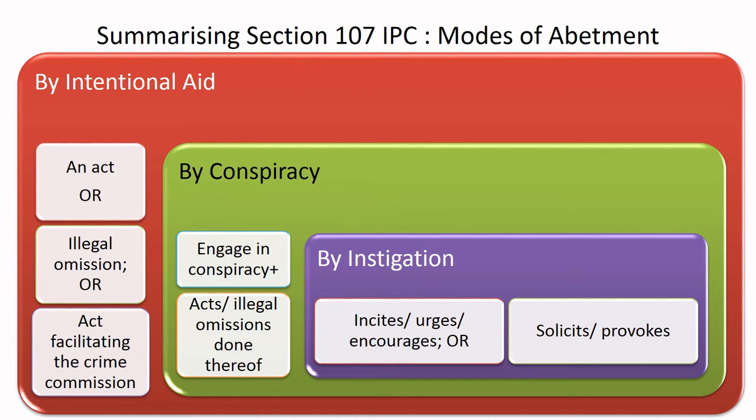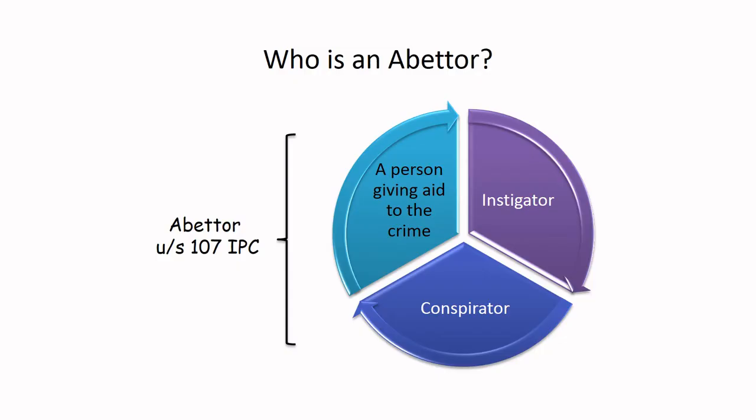If the person, along with that, does an act or illegal omission in pursuance of the conspiracy, then it is abetment by conspiracy. And the third type, abetment by intentional aid, includes aiding the perpetrator of the crime by an act or an illegal omission or an act facilitating the crime commission.